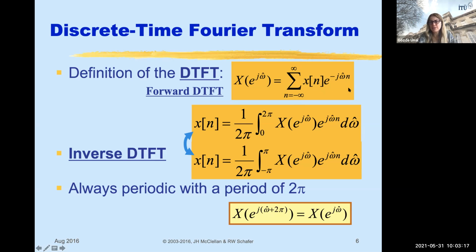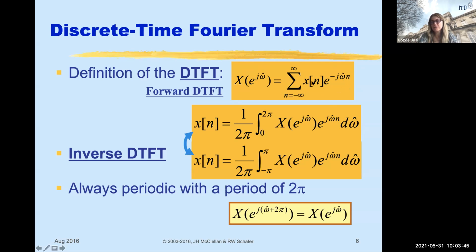Remember, omega hat was omega times Ts, or omega over Fs actually. It's continuous still, and n is discrete here. So this is my basis function in this case, e to the minus j omega hat n, and we've studied this in frequency response actually. So this is called my discrete time Fourier transform.